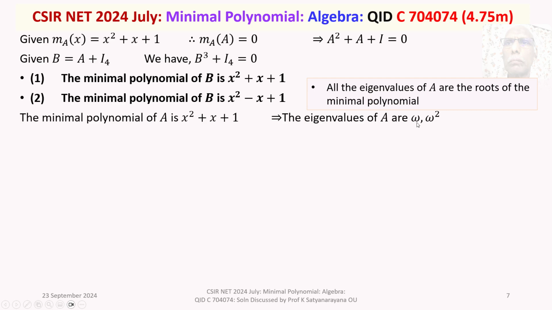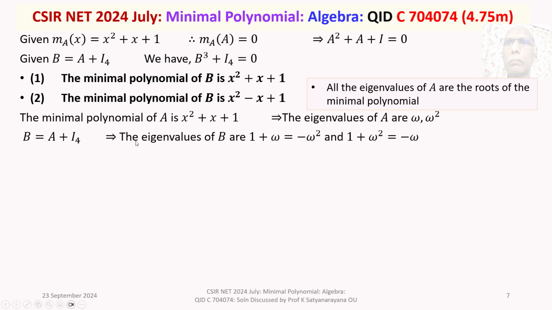Right. If omega is an eigenvalue of A, what will be the eigenvalue of B? That is, what will be the eigenvalue of A plus I? That will be 1 plus omega. 1 plus omega is minus omega square, because 1 plus omega plus omega square is equal to 0. We have B is equal to A plus I. The eigenvalues of A are omega and omega square.